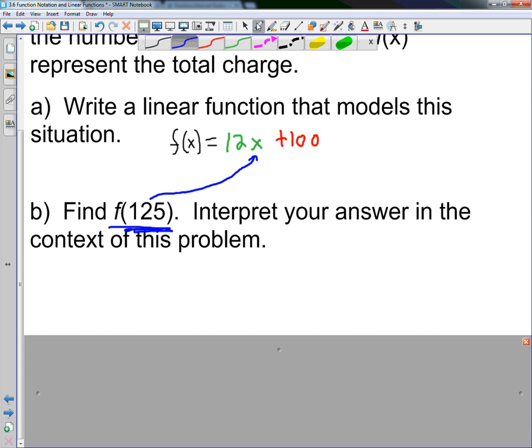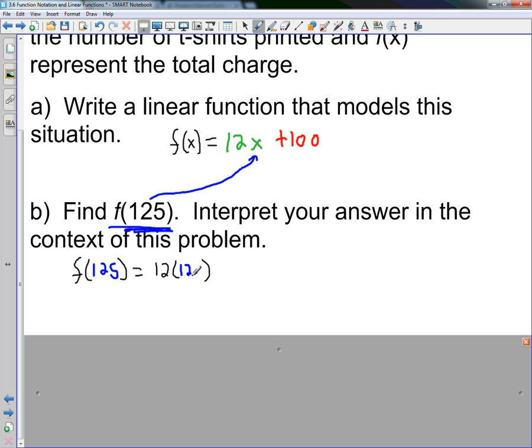So we have f of 125 equals 12 times 125 plus 100. So we've taken the function and we're plugging in 125 for x.